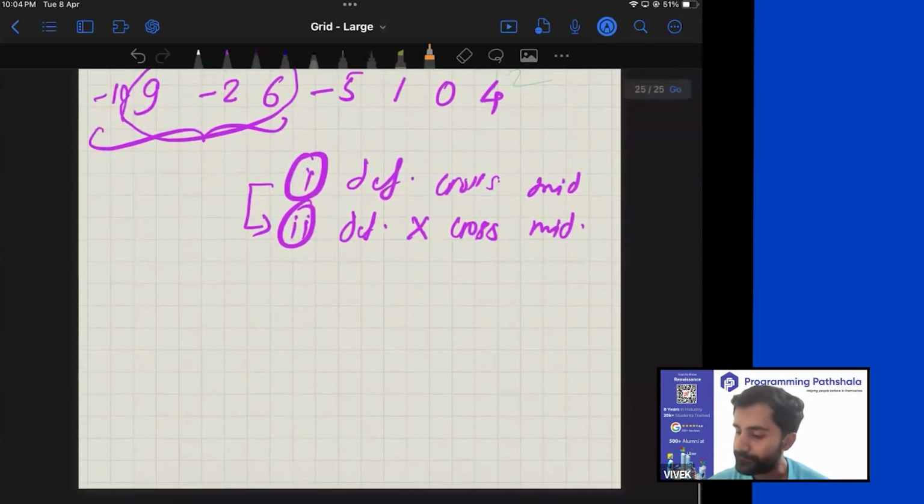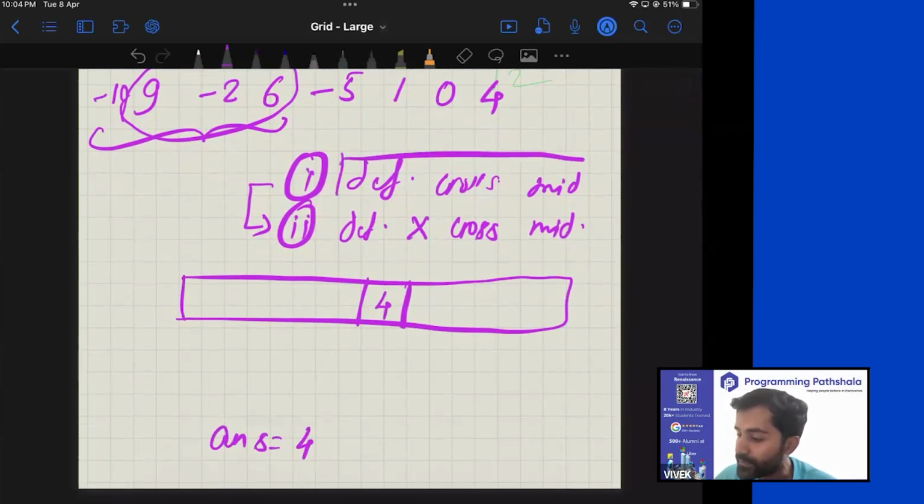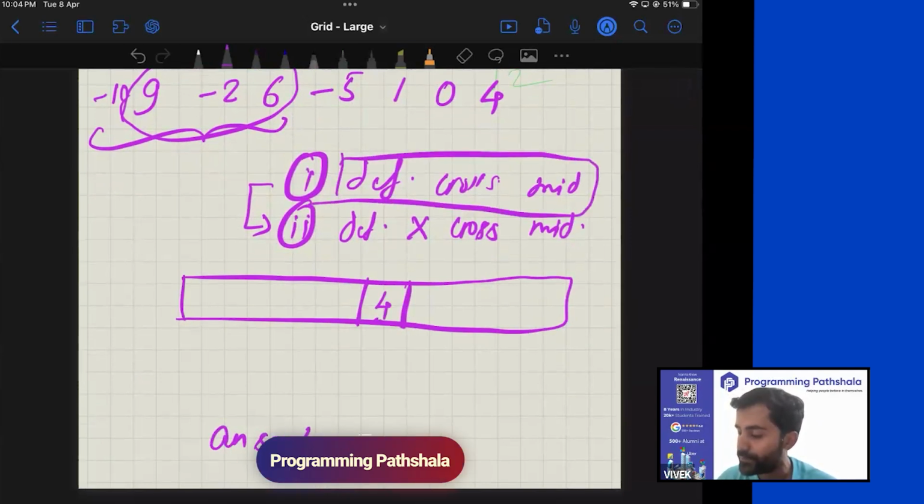So now what I can do, let's say there is an array. It has a midpoint. At midpoint, there is an element, let's say 4. I would say that my answer is equal to 4. If I am considering the case where my answer definitely crosses through mid, I would initialize my answer to 4.